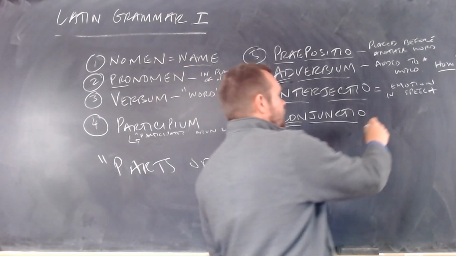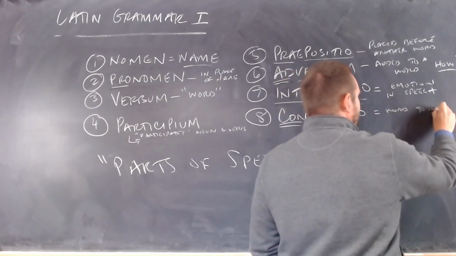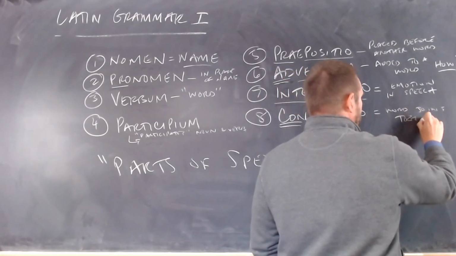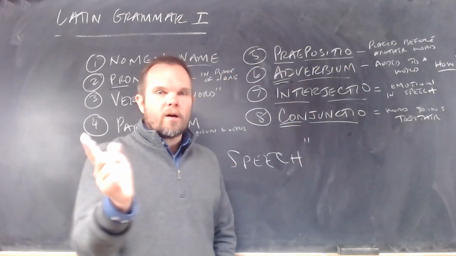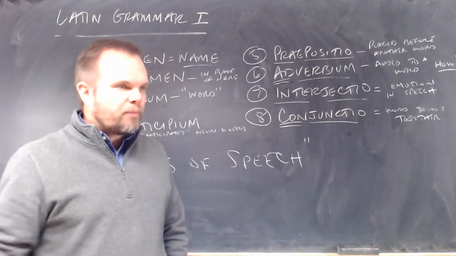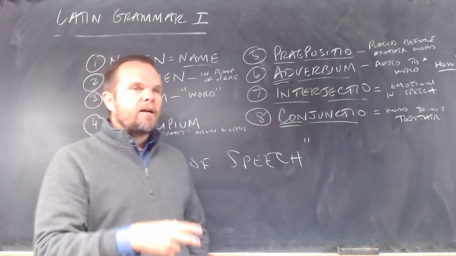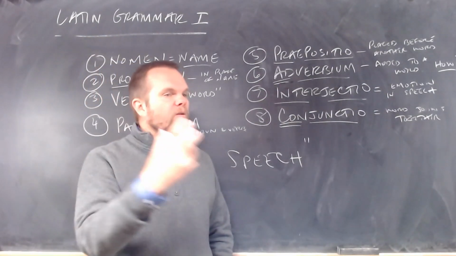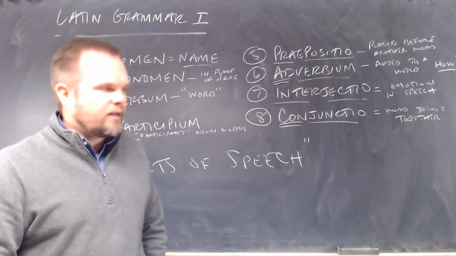A conjunction is a word that joins together other words or other sentences or other paragraphs. A conjunction is a word that joins other words together or that joins speech together.